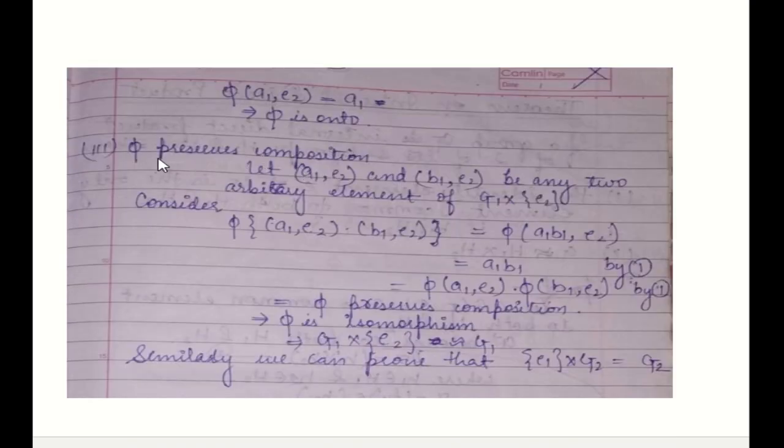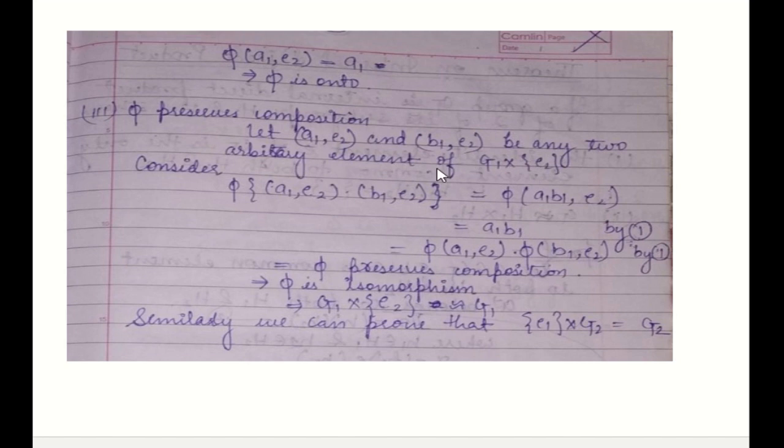Now we have shown phi is one-one and phi is onto. So it is left to show phi preserves composition. Let A1 E2 and B1 E2 be any two arbitrary elements of G1 cross E2, where A1 B1 belong to G1 and E2 is the identity of G2. Now consider phi of these two elements A1 comma E2 and B1 comma E2.